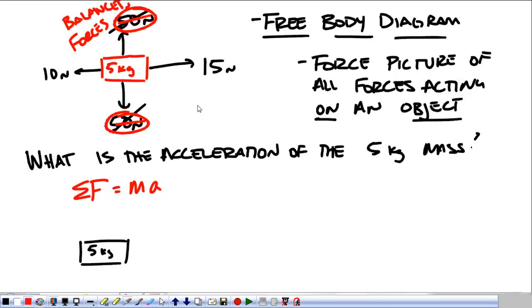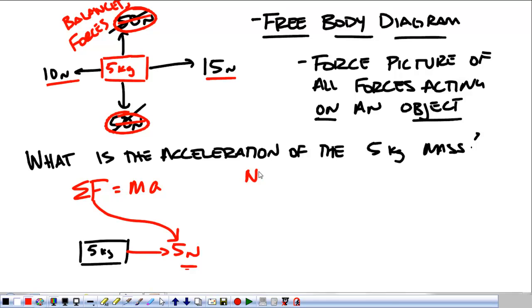So they go away, which means I'm not going to draw them on this picture again because they've crossed out. Now, if I've got 15 this way and 10 this way, 10 newtons only balances with 5 newtons. So what I have left is 5 newtons of force. That is the sum of my forces. I added up all of these forces, and this is what I had left over.